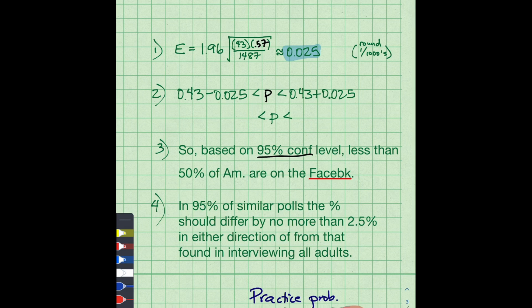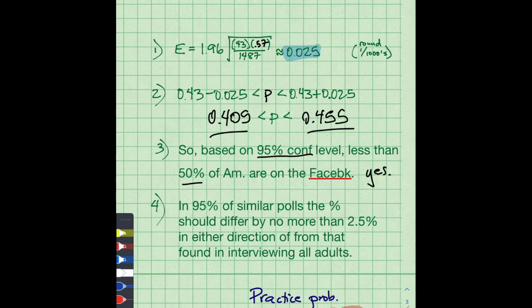Do I know that less than 50% of Americans are on Facebook? And the answer to that is yes. I do know that because this interval that I've got is 0.405 to 0.455. Notice both of these values are below 50%. So yes.